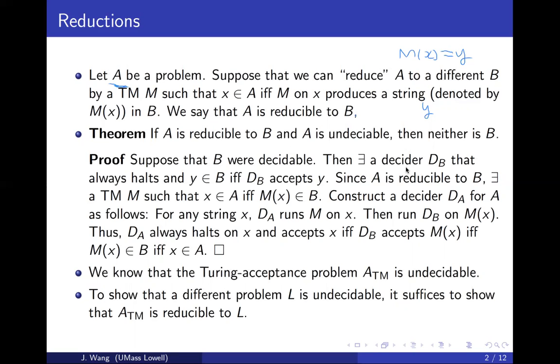So then we have the following theorem that says this: if A is reducible to B and A is undecidable, then neither is B. Hence, if we know an undecidable problem A, and we can reduce this problem A to a new problem B, then we also know that B is undecidable.